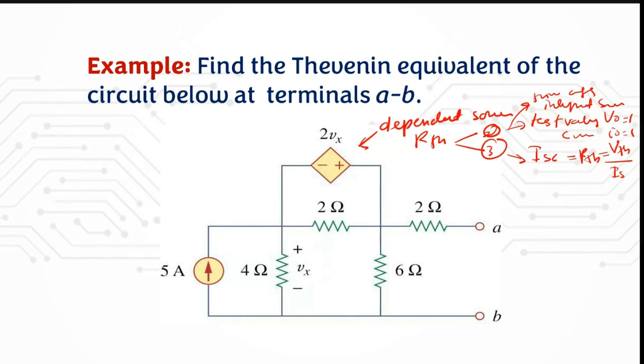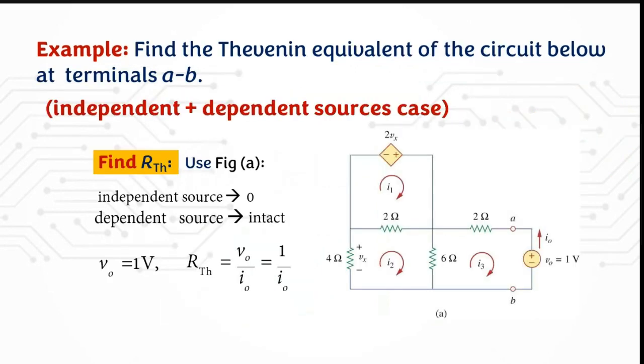But for this example, I'm showing you that we are using method 2 in order to calculate the RTH, where we just turn this off and replace it here with the test voltage. Okay, let's see how we find our RTH in this circuit.